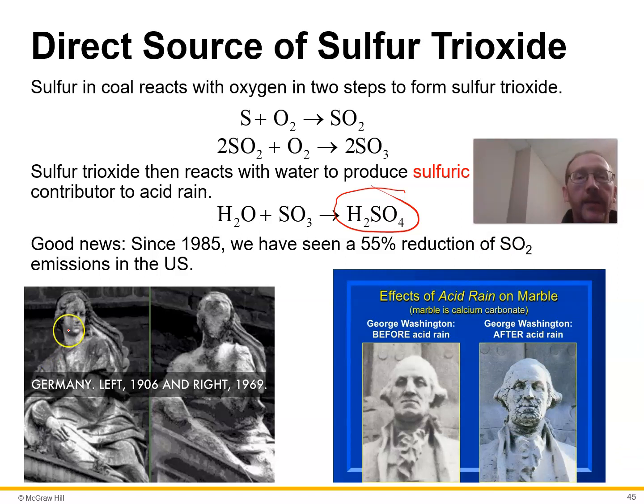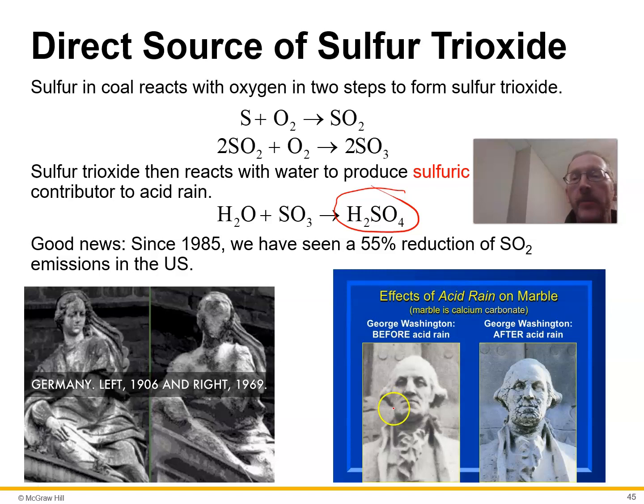So here's a picture of a statue on a building from Germany before World War I. And here's the same statue in 1969. So 60-some years later, and you can see the concrete has just been dissolved away, and that's a feature of acid rain.